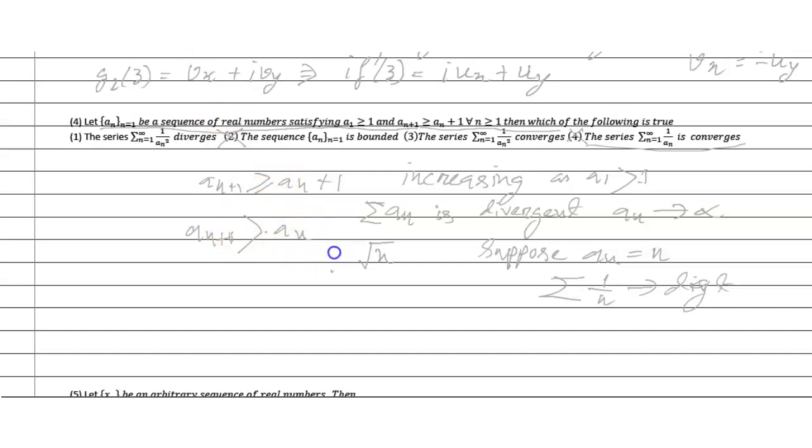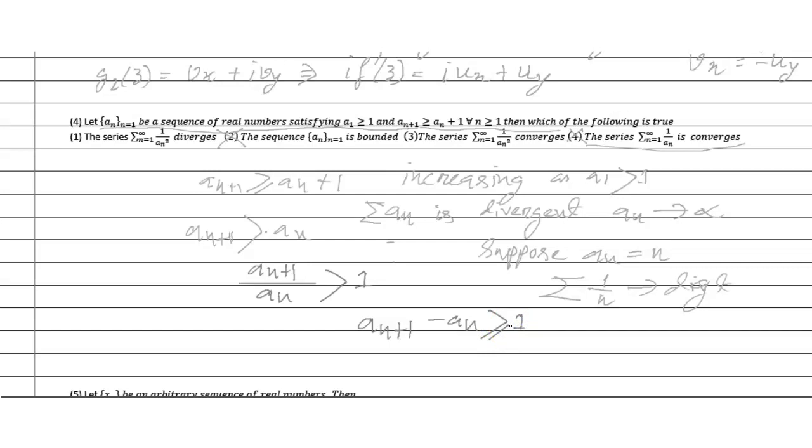Whatever we get, the possibility is a(n+1) divided by n greater than 1. This is the possibility, and the difference a(n+1) minus n is obviously greater than or equal to 1.